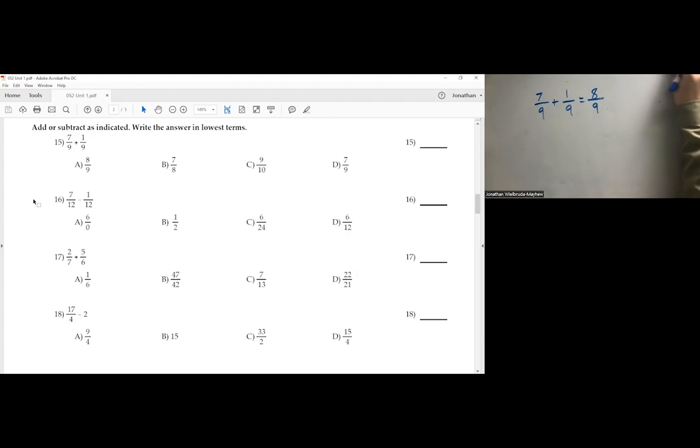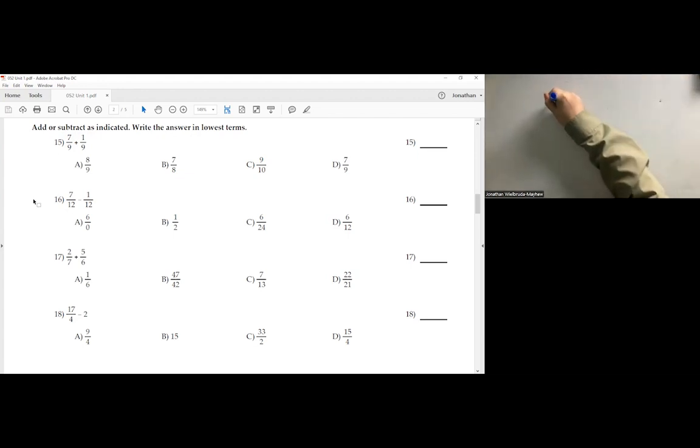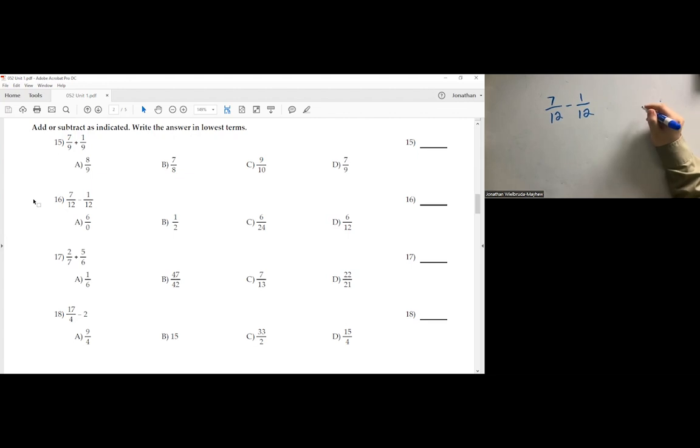Number 16. Again, we like this one. 7/12 minus 1/12. We have the same number on the bottom and we keep that.